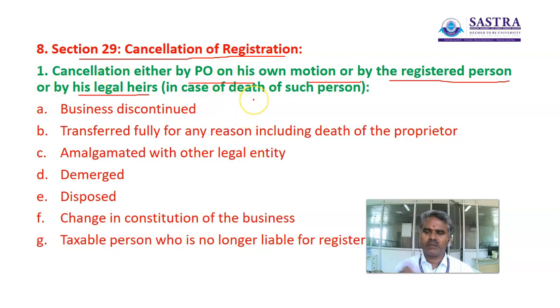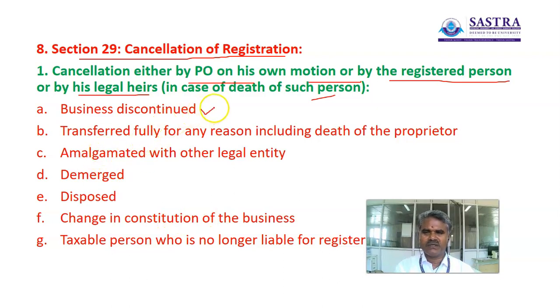Cancellation will be done by the PO when you are breaching, when you are against the law. And the registered person: if you decide you are going to cancel your business registration, no problem. And your legal heir, when the proprietor dies, the legal heir will take care of this. Okay. What are the situations?